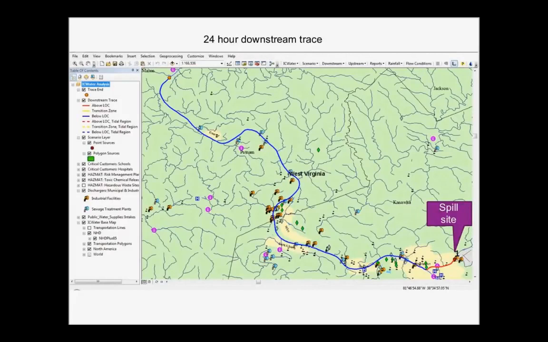And in addition, here you see on this map, we're plotting other assets from our database. So there are many other discharges downstream, both municipal and industrial. There are several toxic release inventory sites, a few hospitals, and other facilities that may be of interest to users to see what the environment looks like downstream.